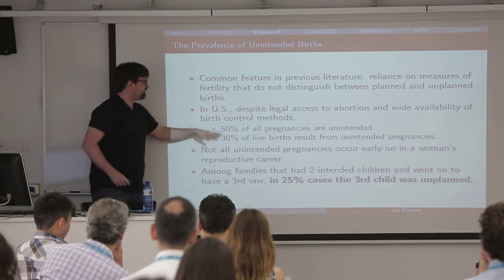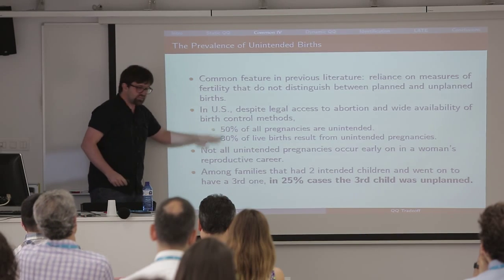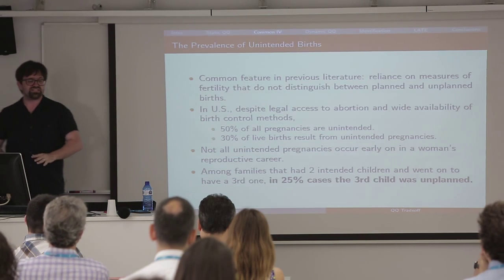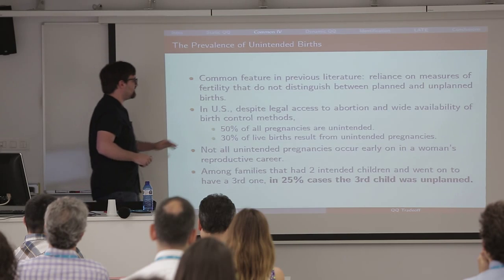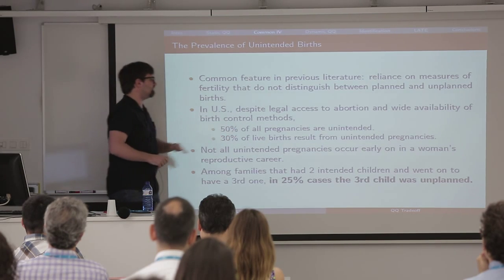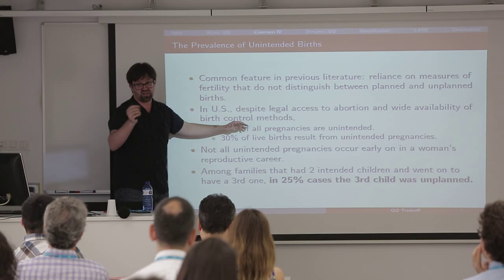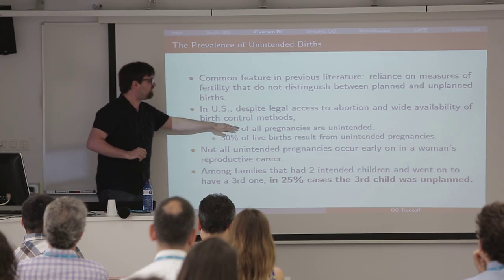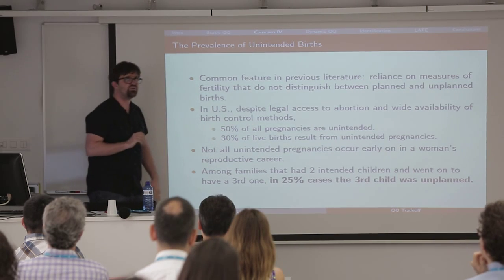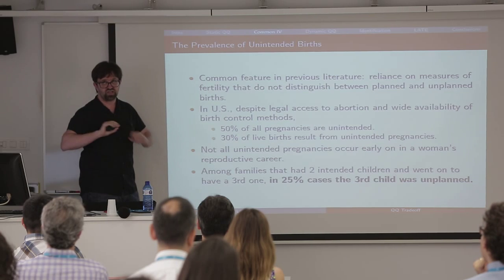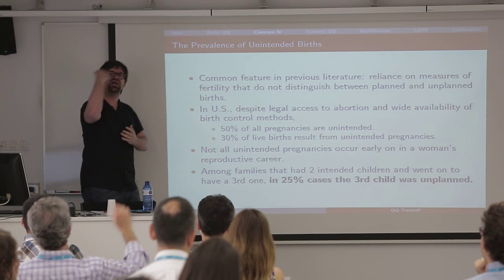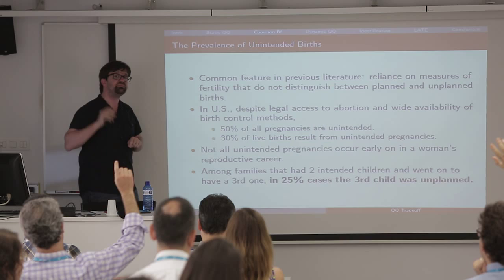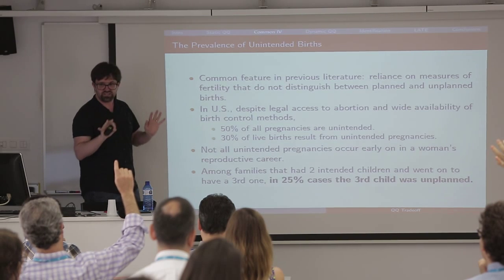And the fact is, and I know these numbers very well, about 50% of all the pregnancies that happen every year in the US are unintended. This combines mistimed, but there is still a huge share, about half of it, that is purely unwanted. These are women who say, I wasn't planning to have it at that time, and I wasn't planning anything in the future either. Yes?